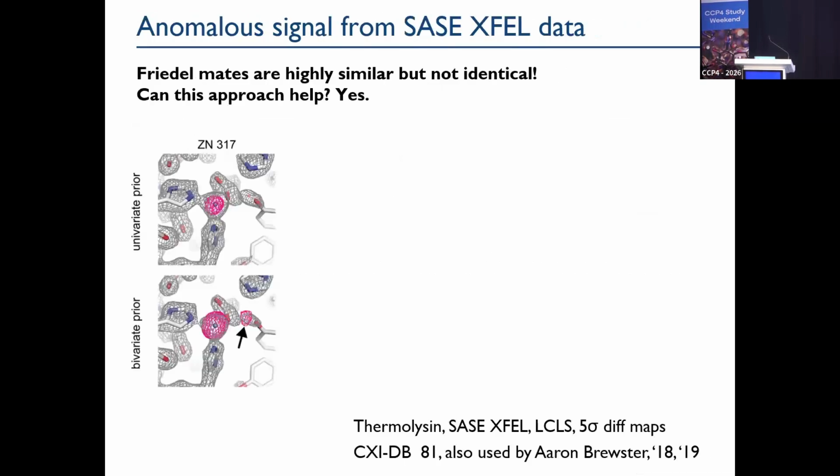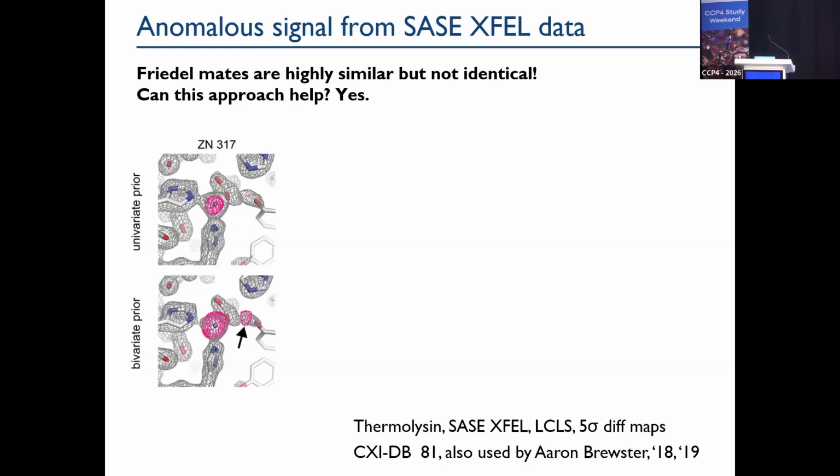All right, so here's an example where on the top, what we did was we said we expect the Friedel weights in this data set to be strongly correlated, but not identical. So we can detect anomalous signal. And we did this for an actual data set of thermolysin, which has a catalytic zinc ion, which you can see here. And what you can see, if you scale the data sets independently, I mean, the Friedel weights independently, you can detect the catalytic zinc ion, but not very strongly.